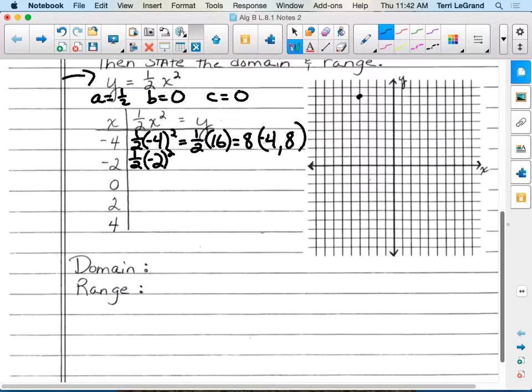So negative 2 squared is what? Positive 4. Look, I'm asking a very challenging question. Half of 4 is 2. So what ordered pair do we have? Negative 2, 2. Go ahead and put that one on your graph.